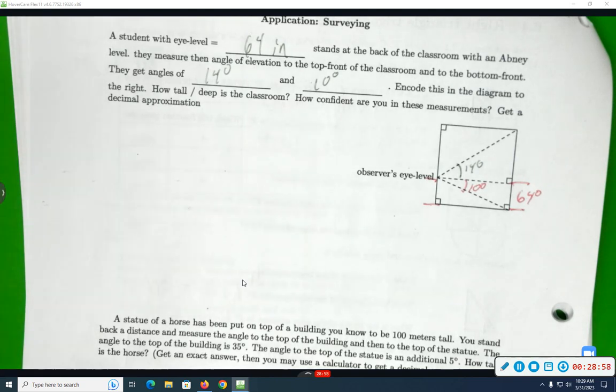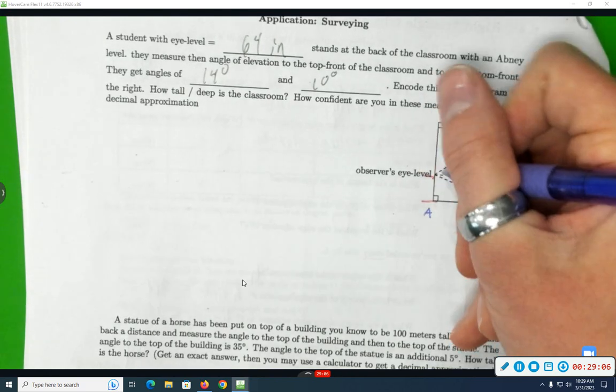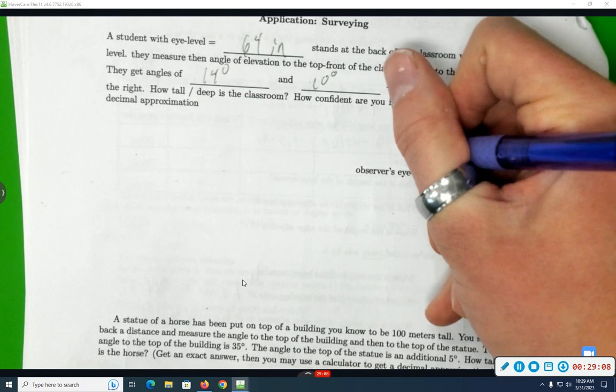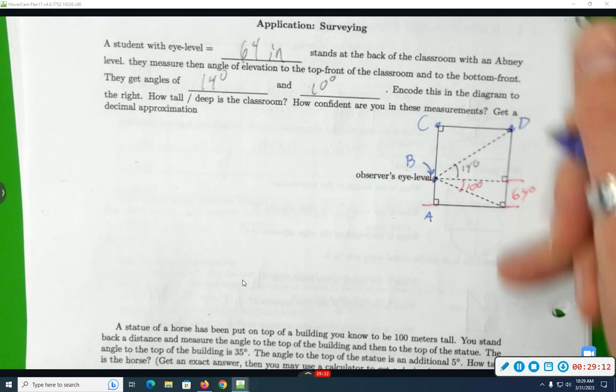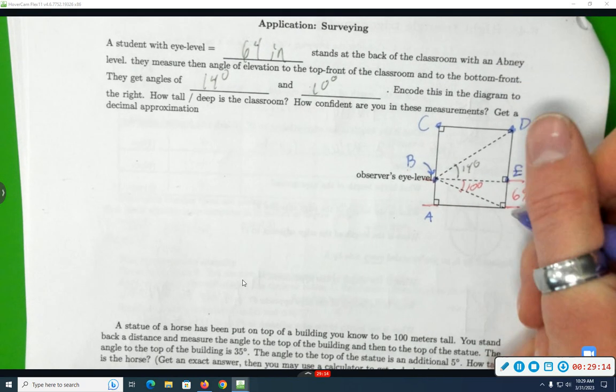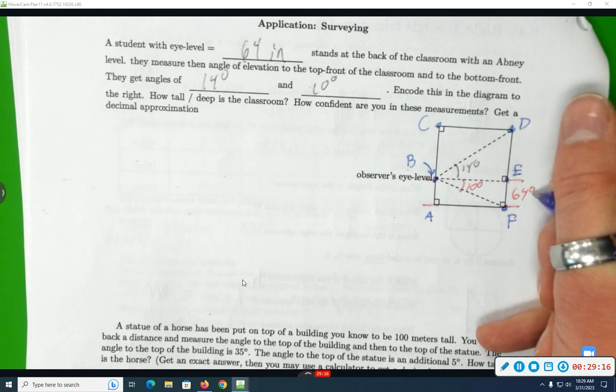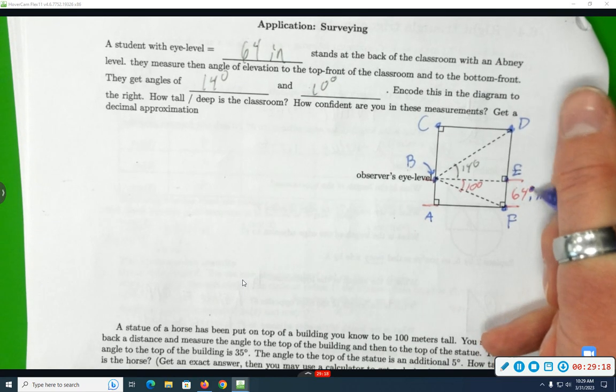And here's the payoff. If we know an angle in a right triangle and a side length, we know everything about that right triangle. I'm going to label some of these points: A, B, C, D, E, and F. Oh, and that's not degrees, that's inches.